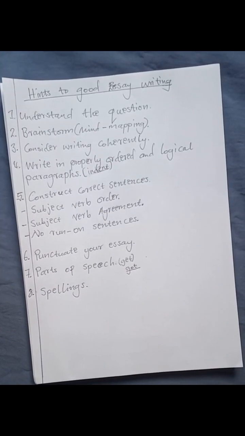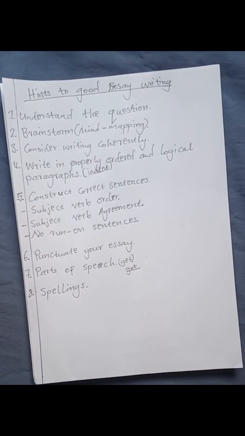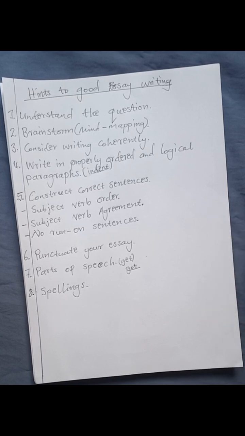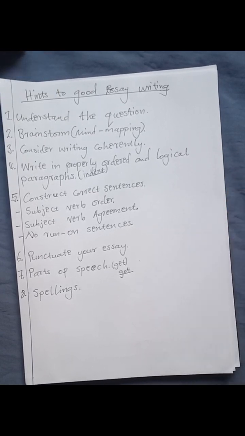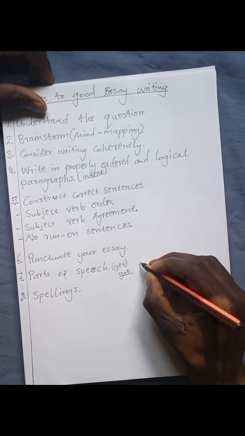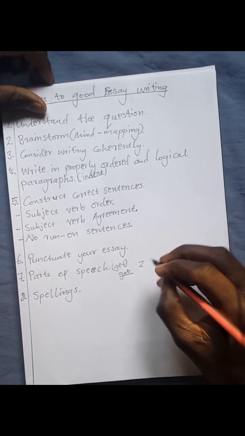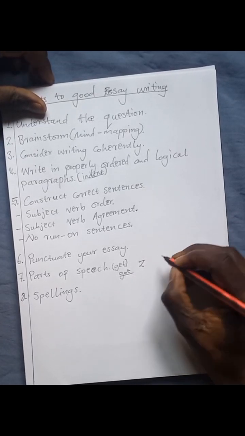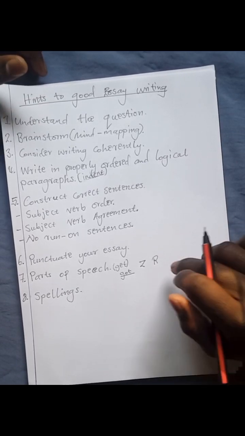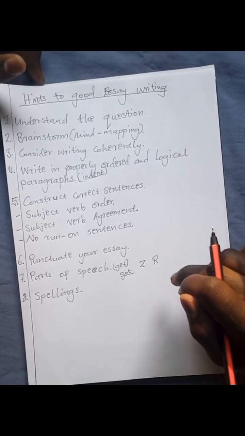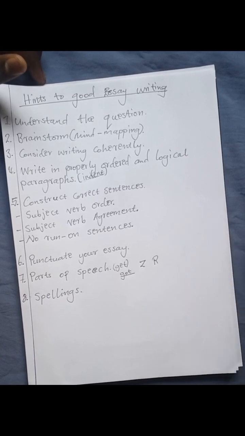No need to put a capital letter in front of the word river. But if you say, my friends and I went to the Zambezi River for a swim, the word Zambezi will start with a capital letter Z, and the river itself, capital letter R. So this is done to show that you understand the part of speech that you're using.